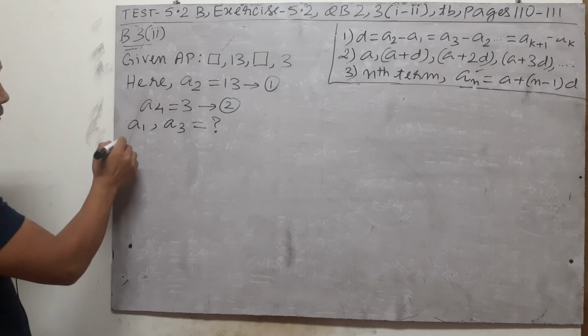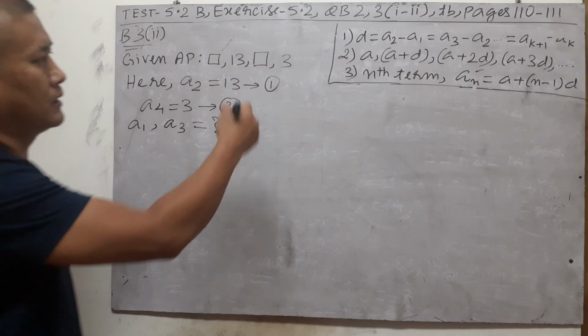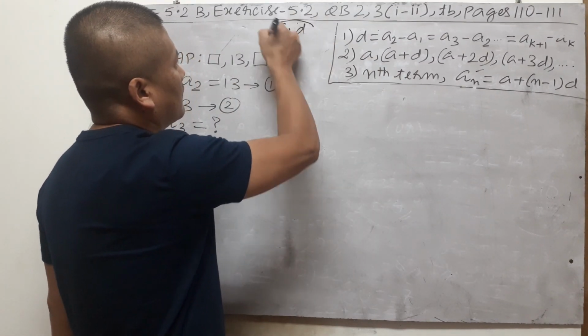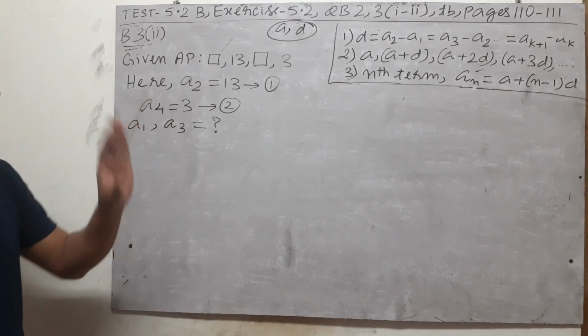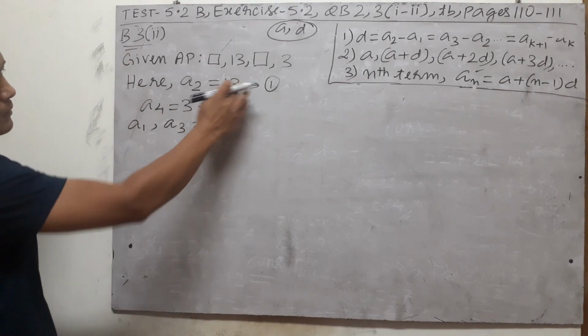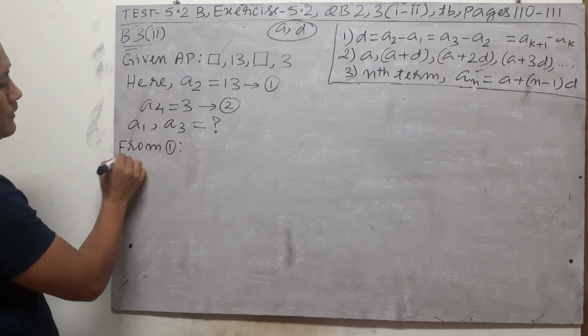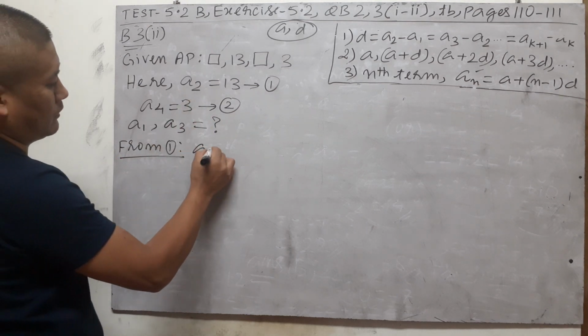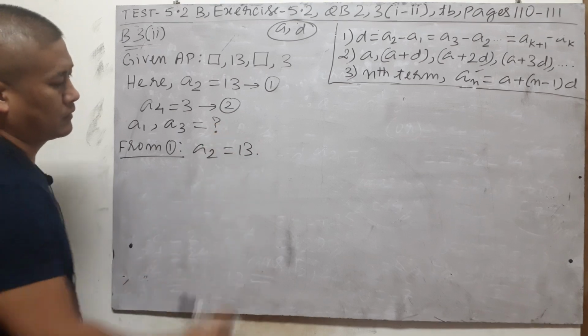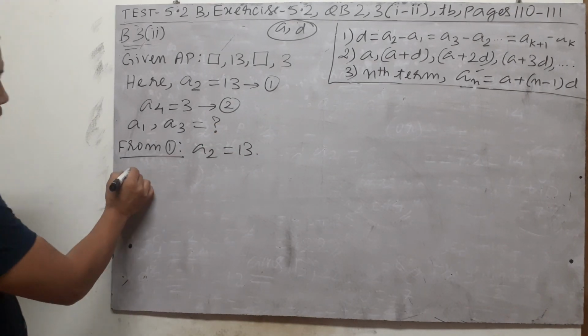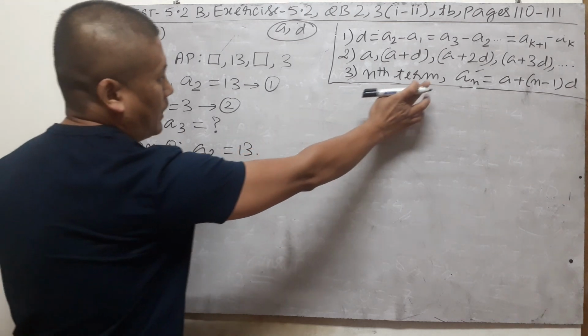Let's start like this. To find the missing terms, as I said in the beginning, we need this A and the D, both of which are missing in this question. So let's start using equation number 1. Just write here A2 equal to 13. Then you apply the third formula, An.